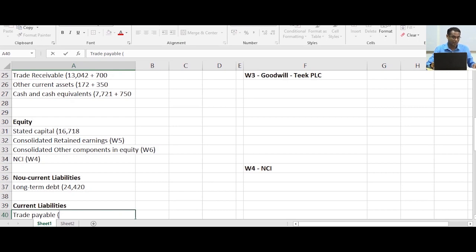I amended the figure, it was mentioned as 12,970, but I changed the figure to 11,970 in the tute that I have prepared. 11,970 plus, the subsidiary is having a trade payable balance of 820. Okay, line by line addition, that means TEAC.